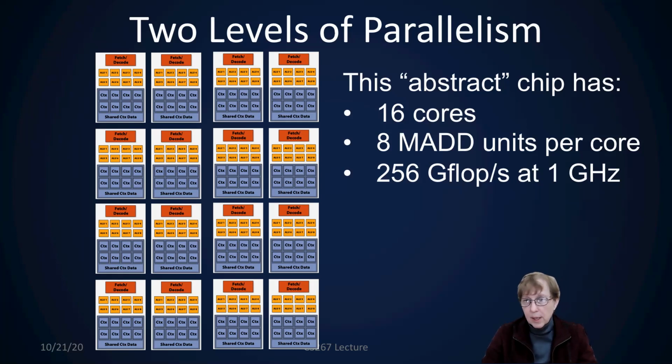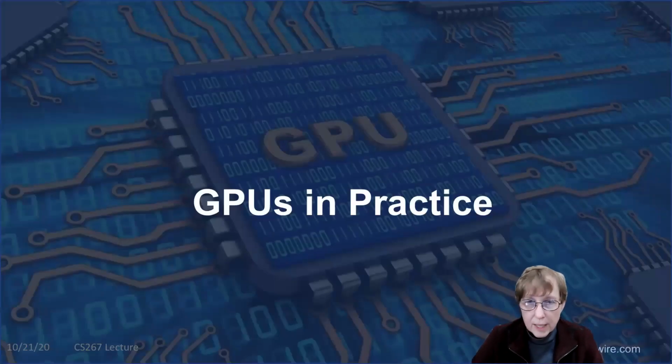Let's say it has these 8 arithmetic units, each of which can do a fused multiply-add instruction per cycle. Let's say that they're running at 1 gigahertz, and this chip is going to be a 256 gigaflop chip.